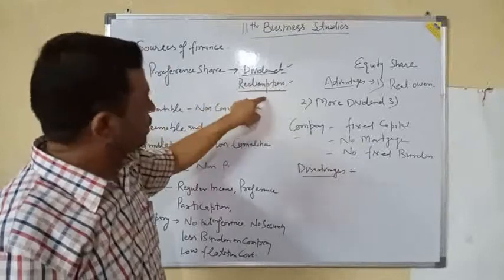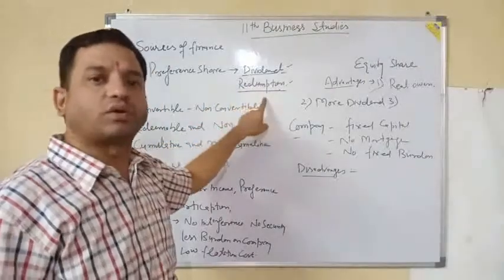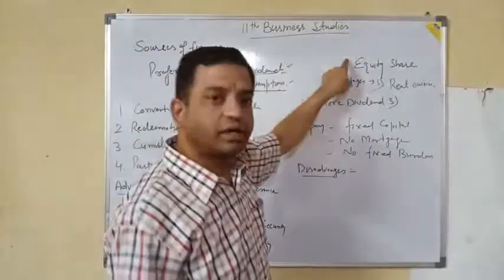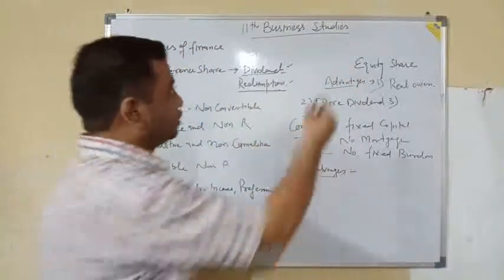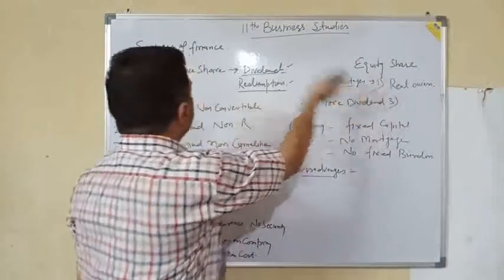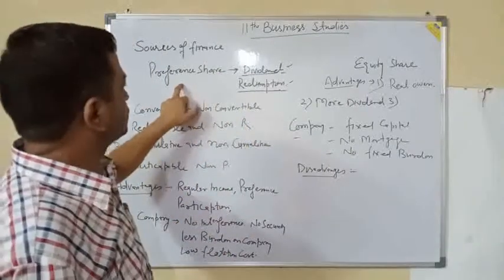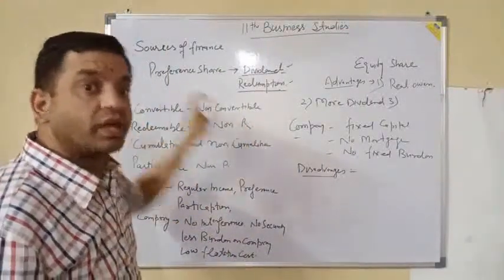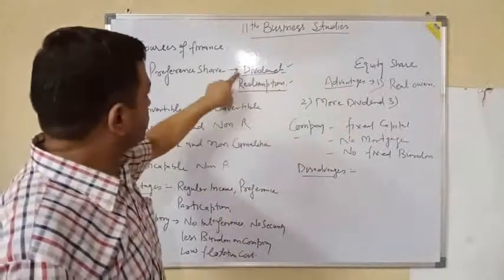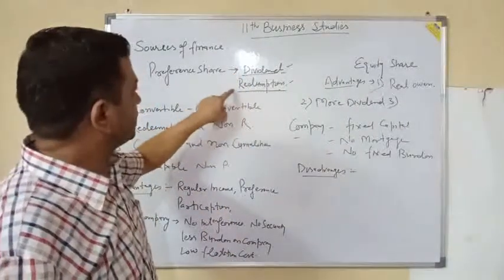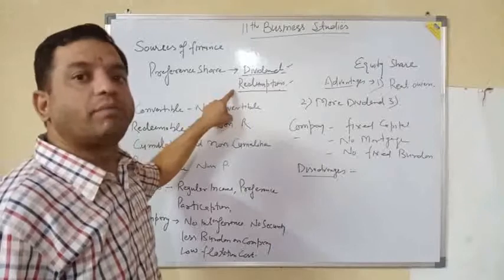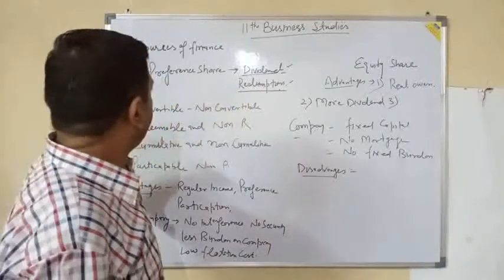And those shares which do not have any sort of preference will be called equity shares. Simply saying, those shares which are not preference shares are called equity shares, and preference shares are those shares which get the preference at two times, at the time of payment of dividend and at the time of redemption of their capital, right?